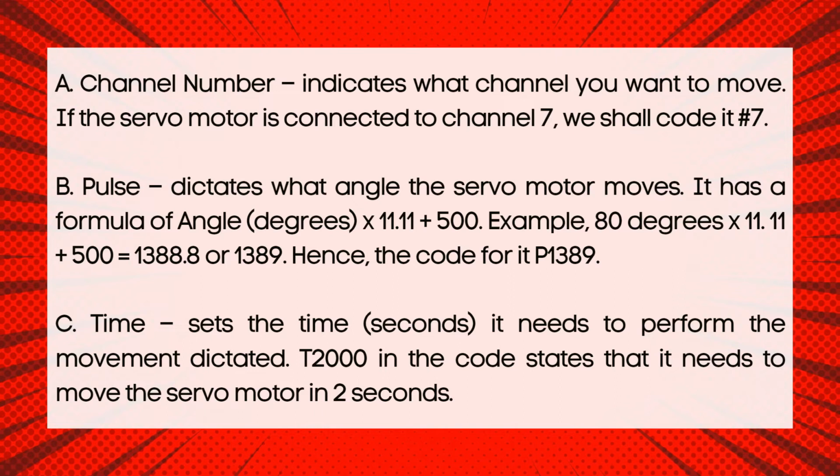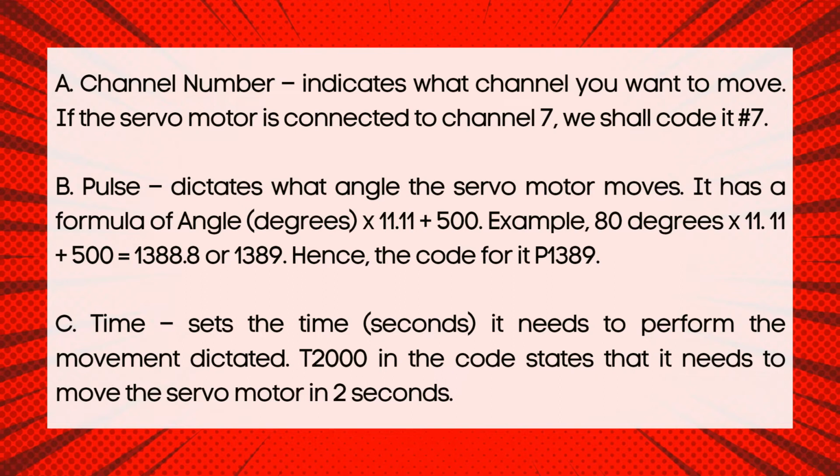So please remember this formula and how you're going to use it for coding. So 80 degrees is equal to P1389. So how are we going to arrive at P1389? Our formula is angle degrees times 11.11 plus 500.